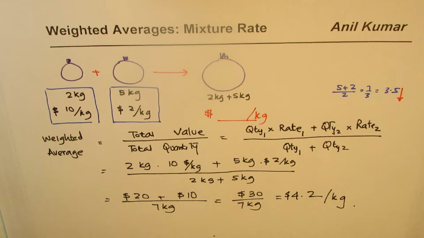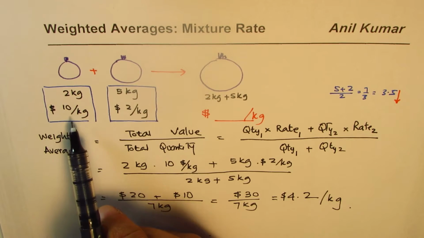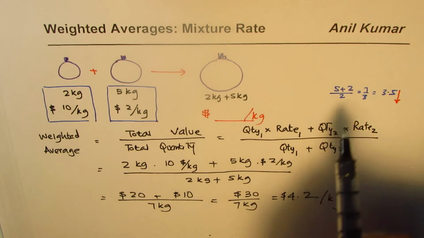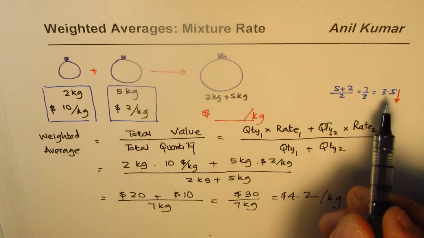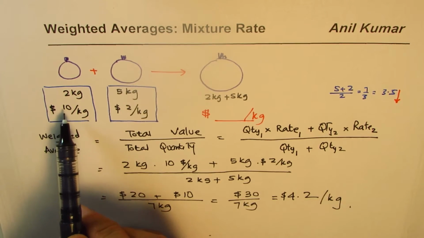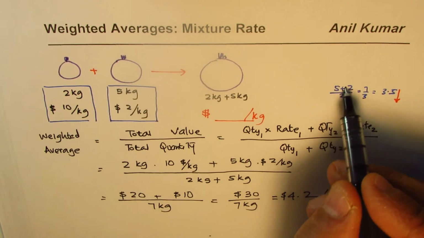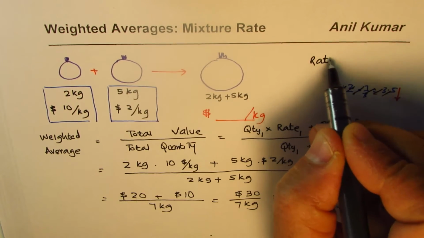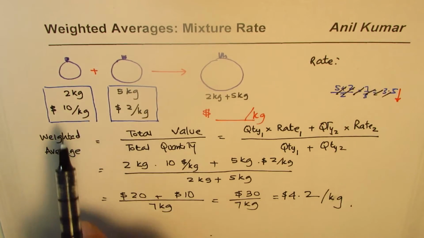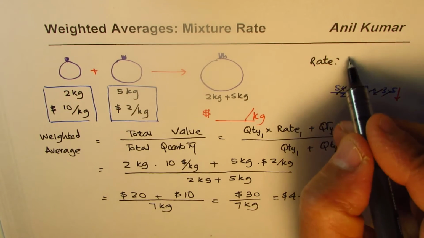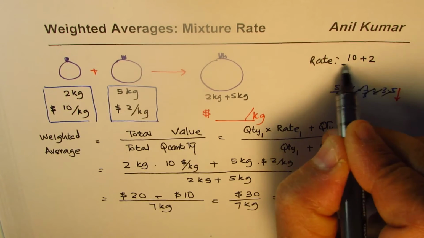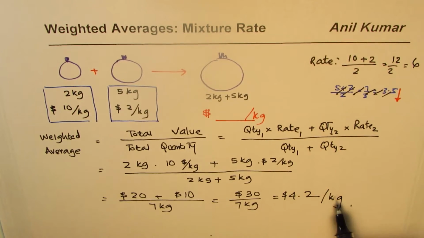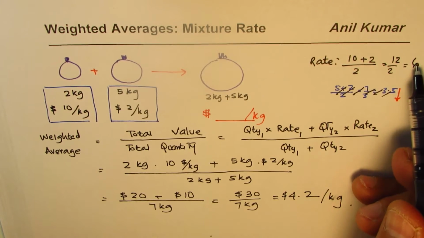Now in this particular case, the average was, oh sorry, the cost was 10 plus 2, I'm sorry. The average rate, we did a wrong calculation earlier. Rate was $10 and $2, so the average would have been 10 plus 2 divided by 2, which is 12 divided by 2, or 6. So what we expected was lower than 6, correct?